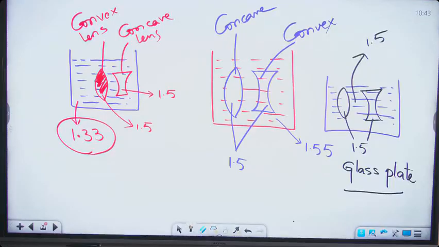Next one, presbyopia. This is an age related problem.